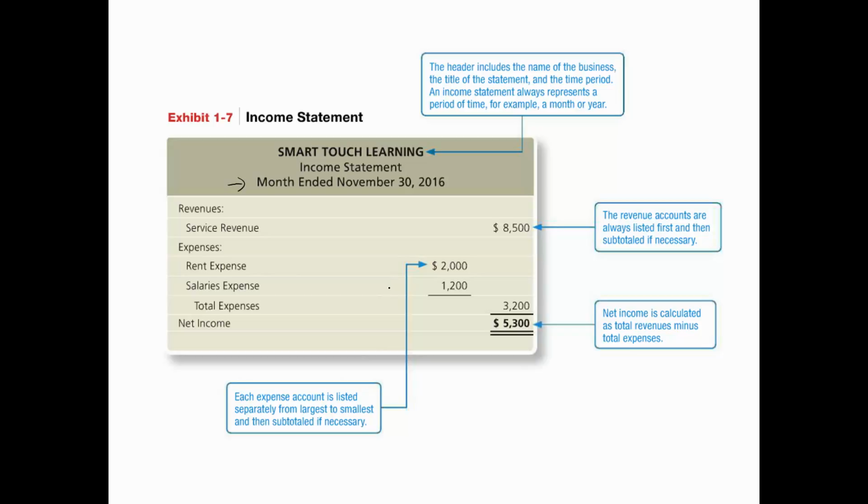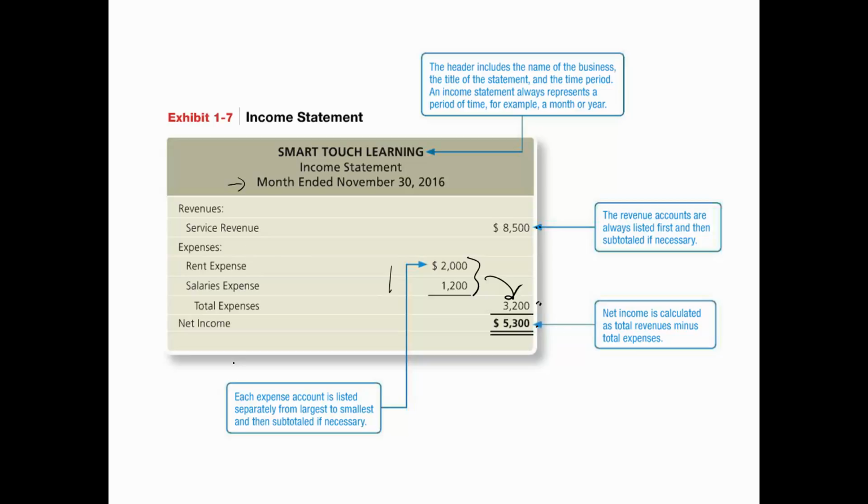Now in this one we only have a couple, but we indent that, and then here is the total of these two, and then we show the revenue minus the expenses equals the net income. That's a little hard to read because I wrote over it, but revenue minus expenses equals net income. You put a little double line here to show that you're finished, that the calculation is done.